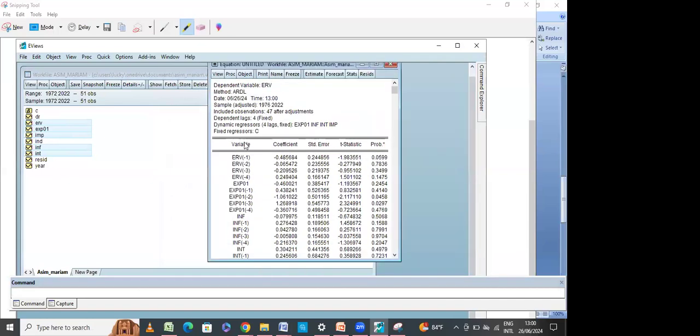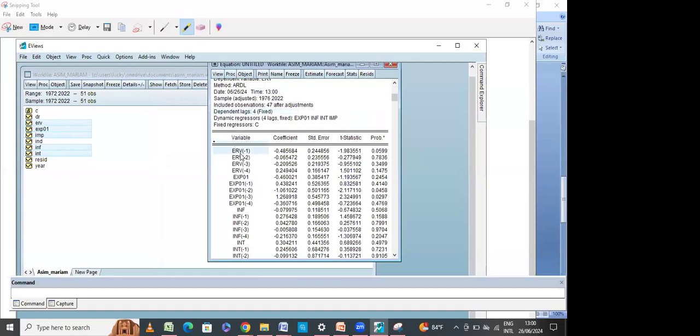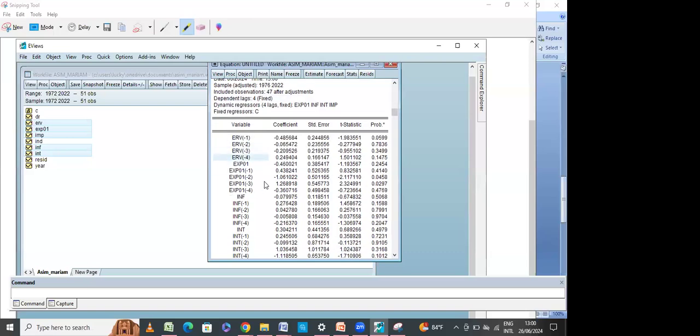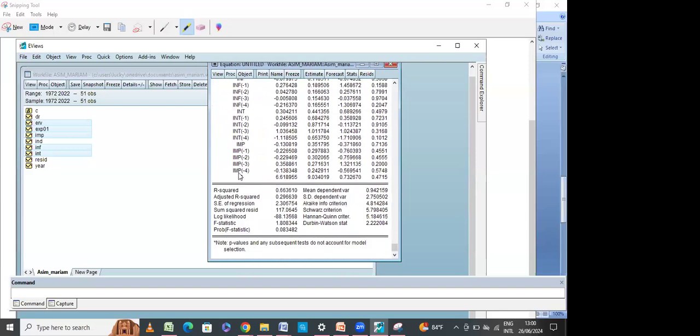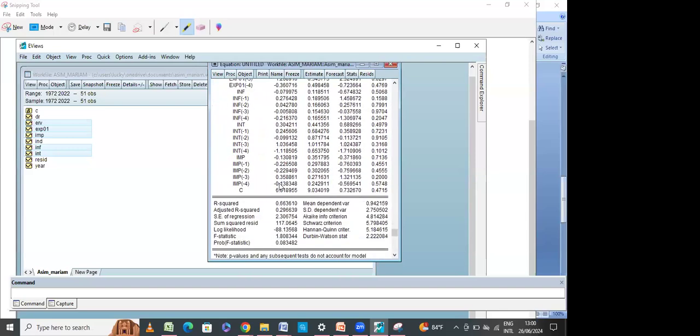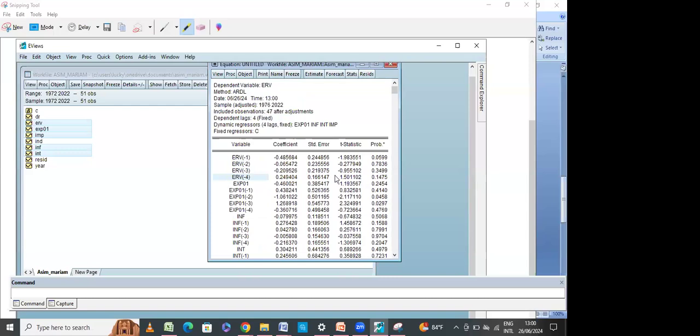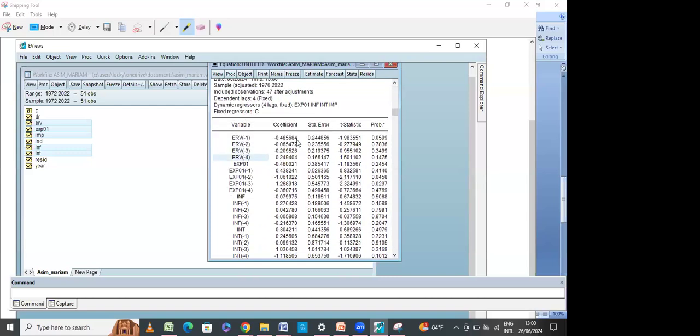Now you can see here I have my dependent variable lags, which is fixed. So EViews calculated all the values, -1 lag, -2 lag, -3 lag, -4 lag, all the variables at lag 4, because I instructed EViews to compute my values at the fixed lag.